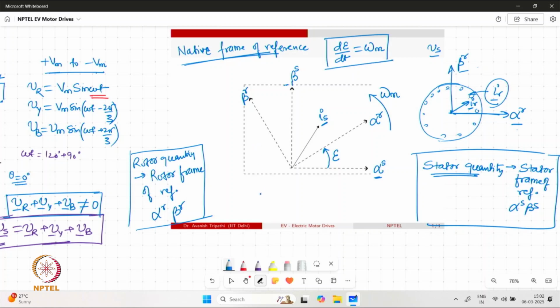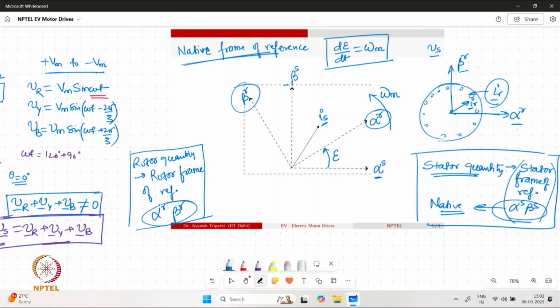Now, if we have the vector Is given over here, and this is the natural representation, which means that the stator current is represented in its native frame of reference, alpha s beta s, then I need to find a way to represent Is in alpha r and beta r. So I am looking for an axis transformation or reference frame transformation.